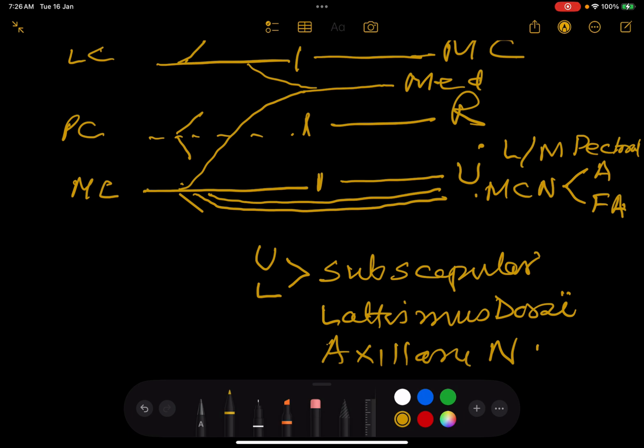So these are the additional branches from the cord.